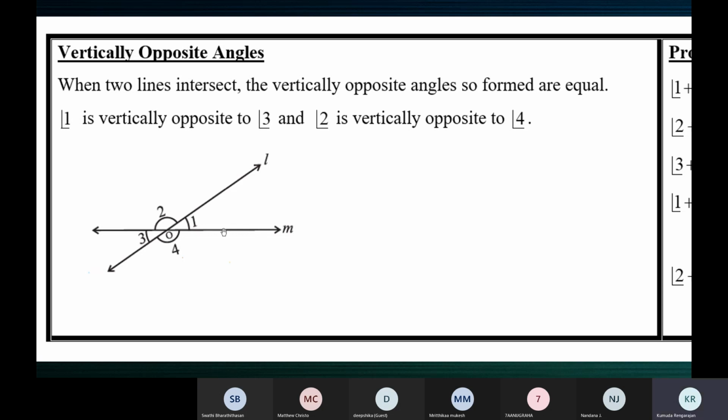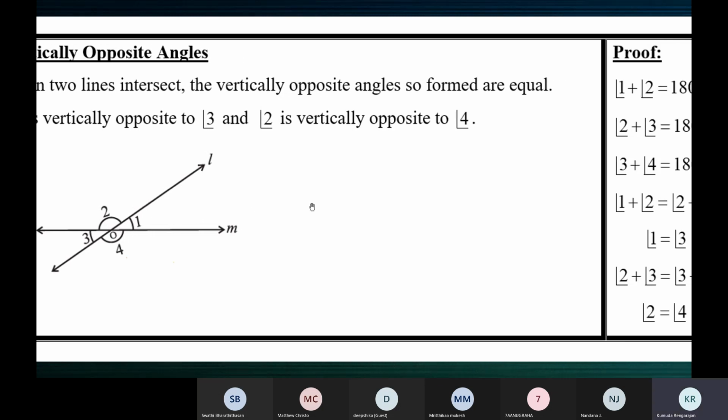Angle 1 and angle 2 lie on the straight line M. Afterwards, you can just identify the straight line and see if the two angles lie on it. Line M is a straight line, and you can see angle 1 and angle 2 completely lie on it. So angle 1 plus angle 2 is 180. We say linear pair.